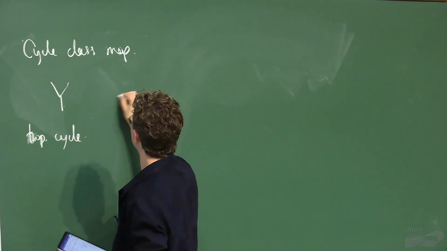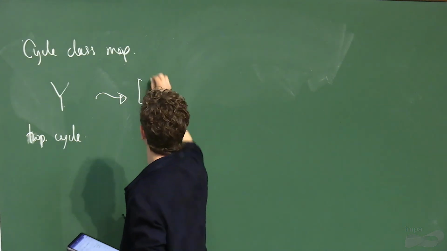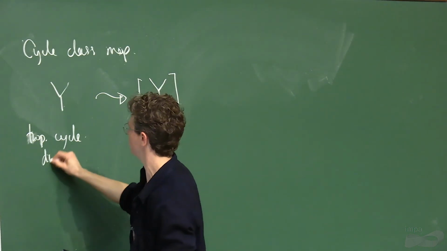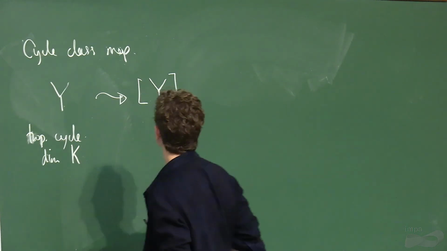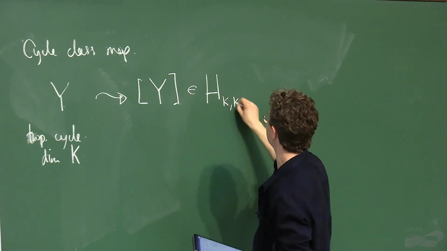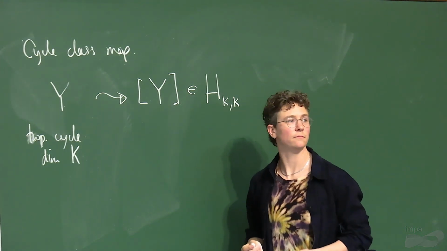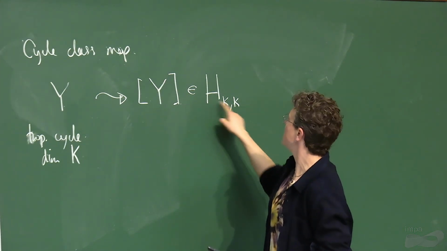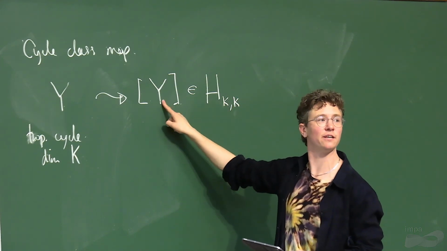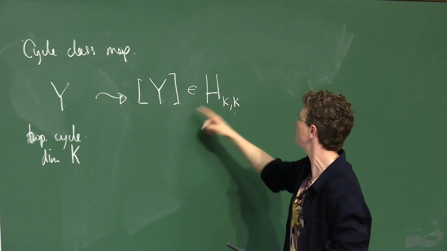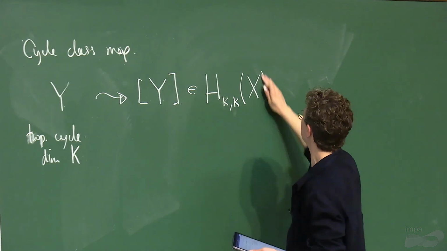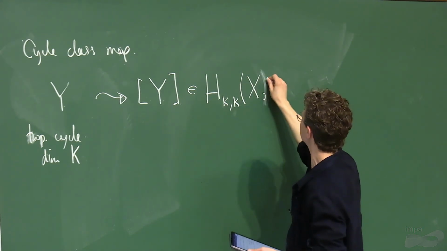I defined some sort of fundamental chain in HKK of Y, but it's not so hard to say: I take a subdivision of X, and I can define this in HKK of X. This would have Z coefficients.